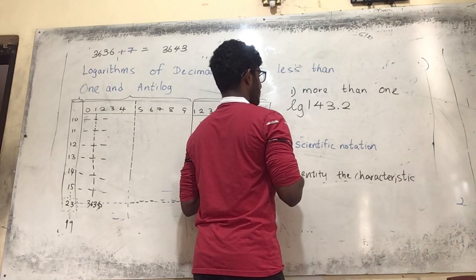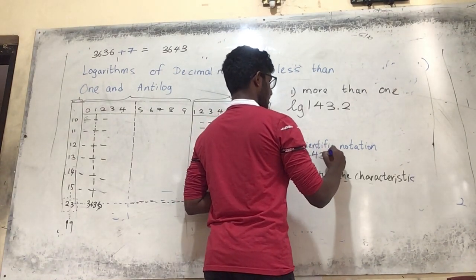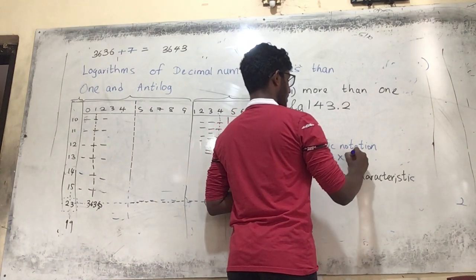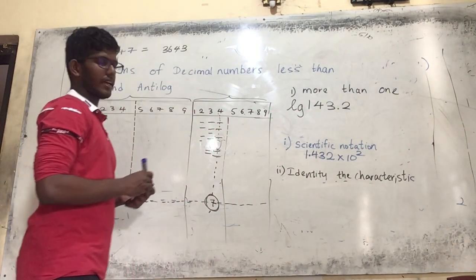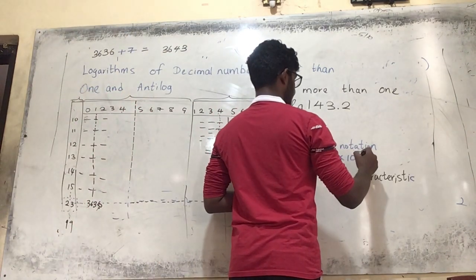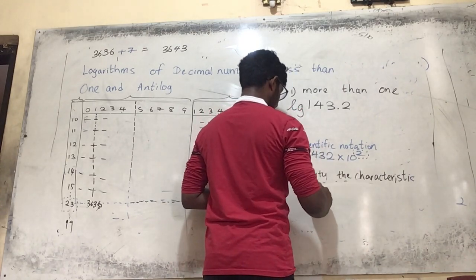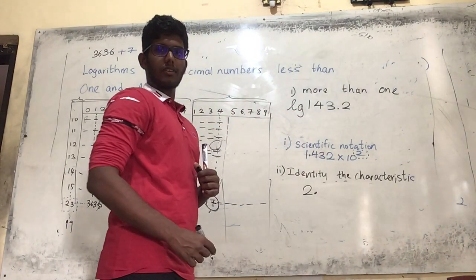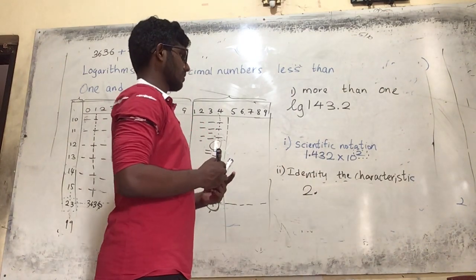How to write 143.2? 1.432 into 10 to the power 2. Right? Then identify the characteristic. Here is my characteristic. I come here and write that one. Just after you write the characteristic, put the decimal.